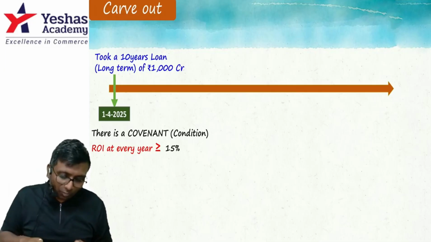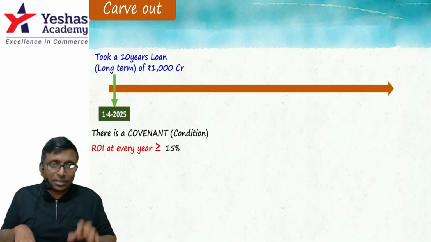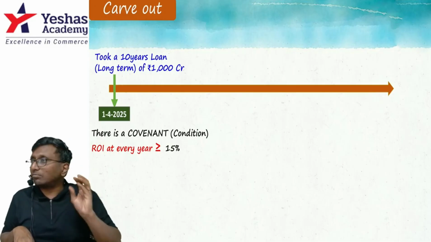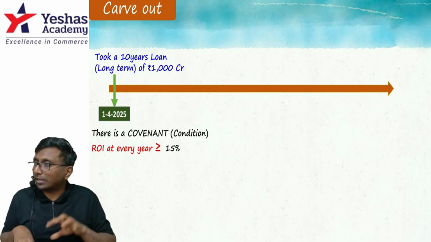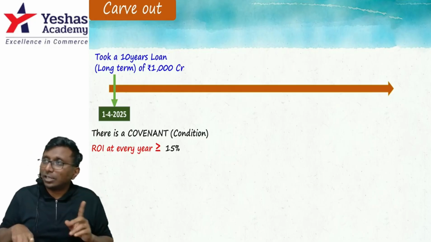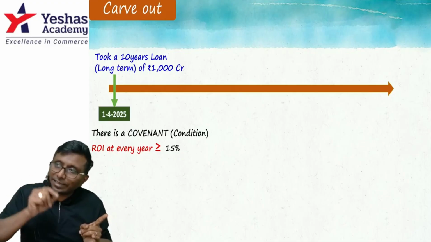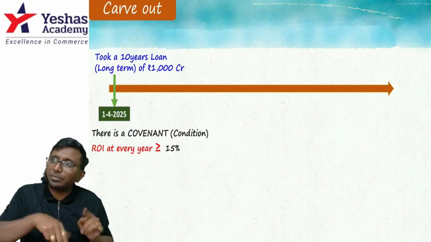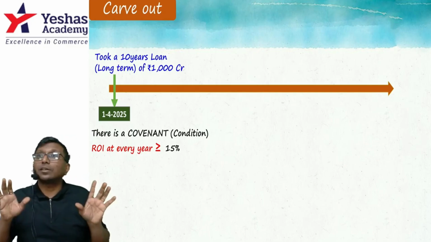Now listen. What is this condition? This condition is with respect to return on investment. Return on investment per annum, every year, minimum 15% should be there. Equal to or greater than 15%. Agree? If you don't satisfy this 15%, the lender will get a right to ask immediately: clear my debt first. Have you got my point?